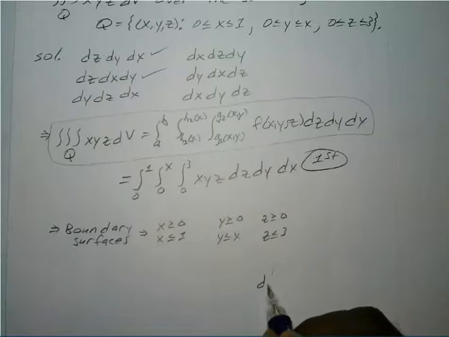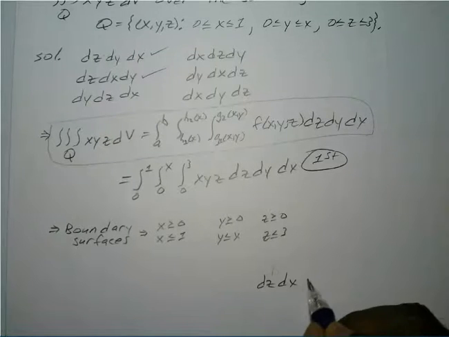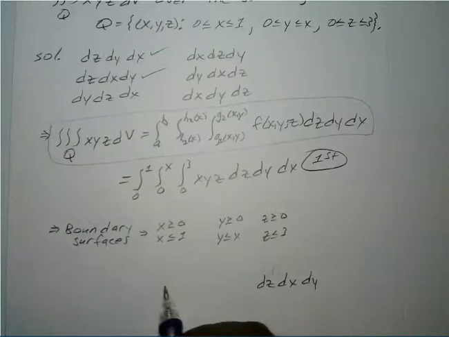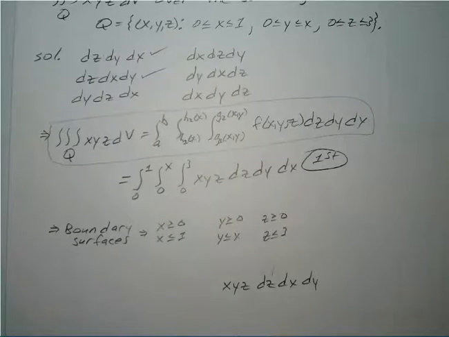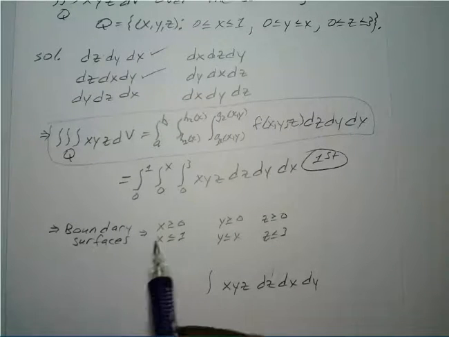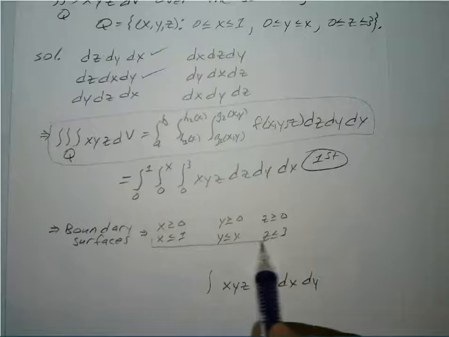So dz, dx, dy, and our x, y, z. Now we just have to pick our integration values. So how do we do that? Look at these.